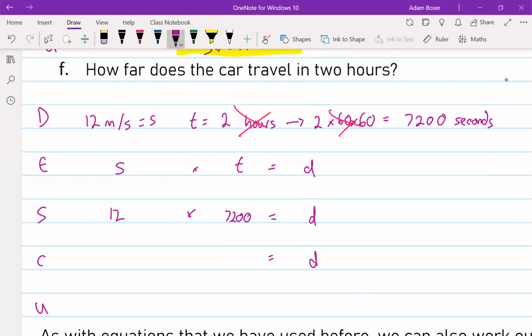Plug that into my calculator. And my unit is meters per second. If you got that right, well done.